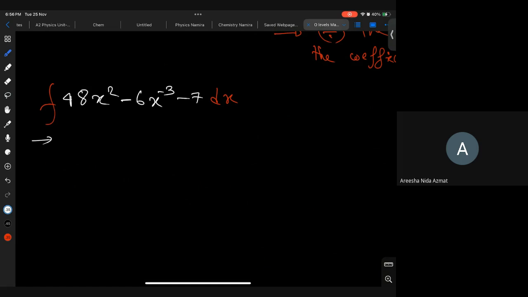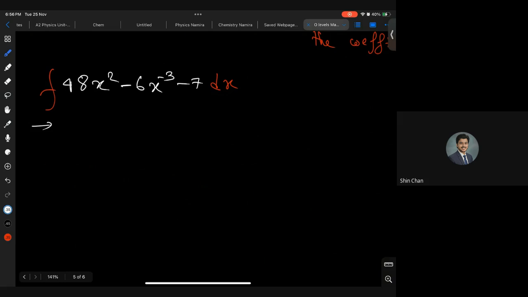Okay, I do this one for you. Let's say I have to at first add the power. So what would be the addition of the power? 2 plus 1 would be 3. 2 plus 1, right? And then I have to divide the power with the coefficient. So 48, 2 plus 1 would be 3, right? Got it. This will be 3. Then minus 6x.